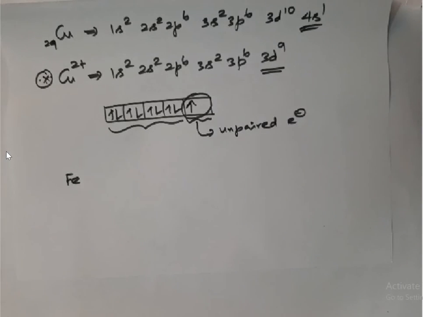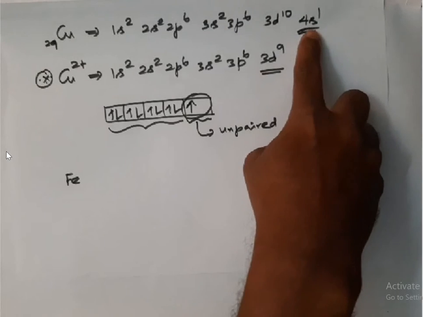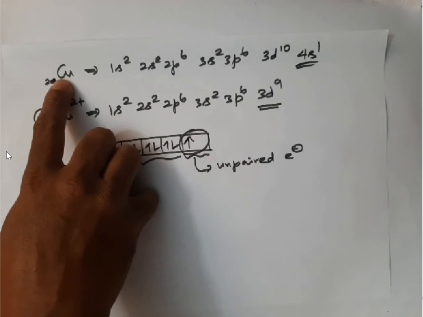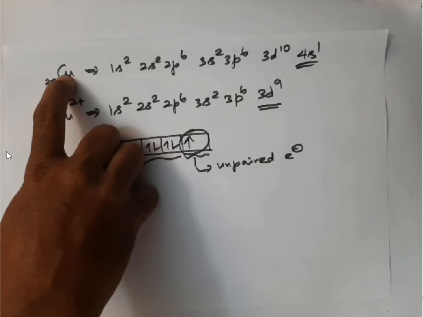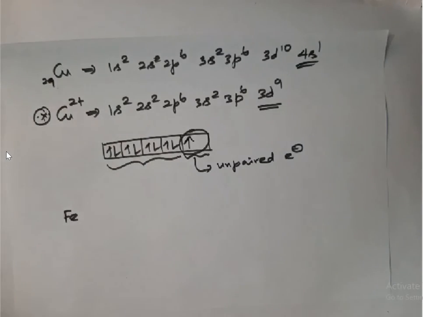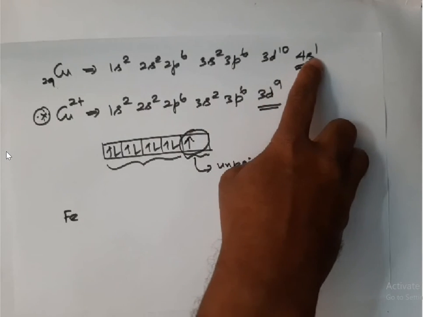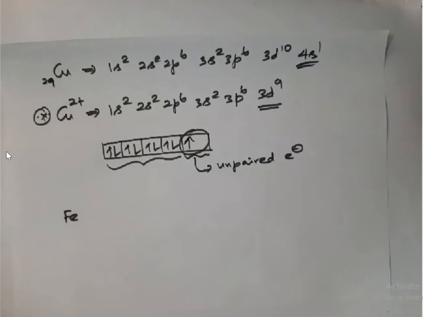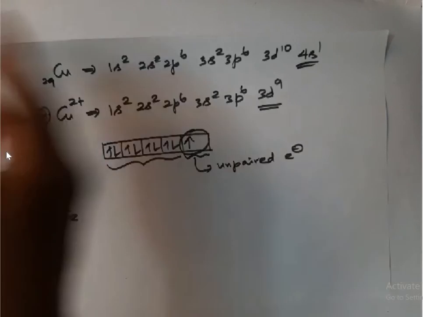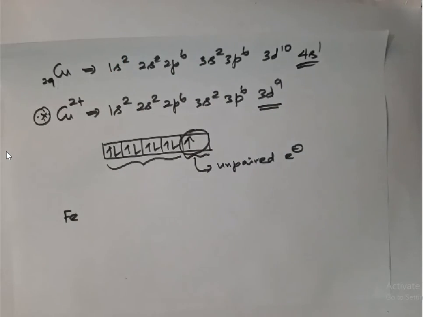Yes, students: Sir, even 4s1 is unpaired, sir. Yeah, 4s1 is unpaired, but this is a pure metal. In metals, magnetic character is not only decided by the single electron, it is decided by other things, because this electron becomes free in metals.